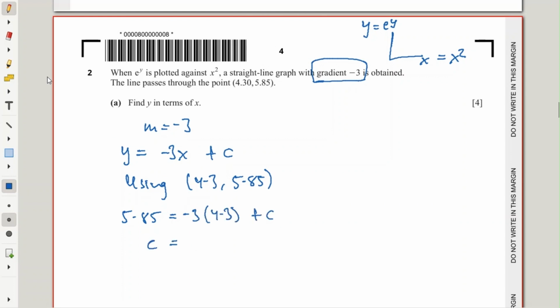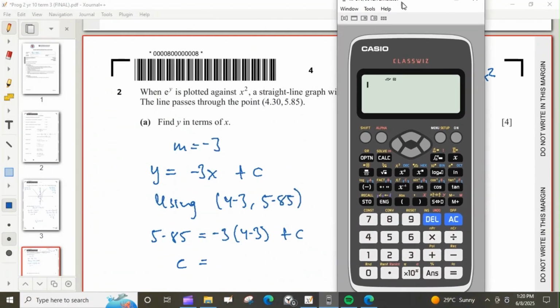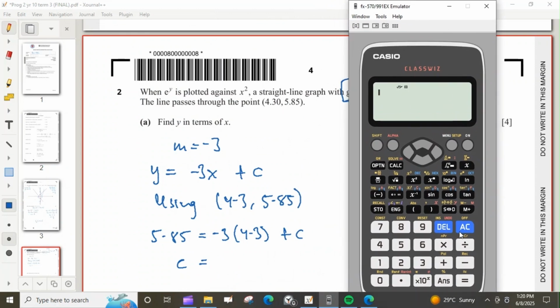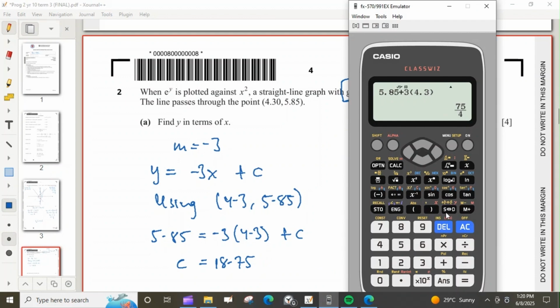Okay, so now let's solve this one. 5.85, when this one comes, it becomes plus. So that plus 3 times this. Okay, I'm getting 18.75. Or if you write 75 on 4, that's also correct.